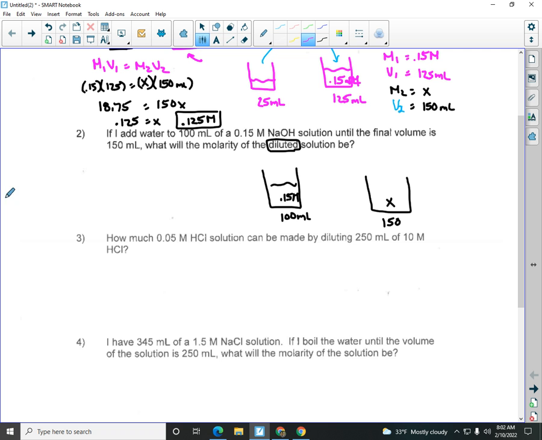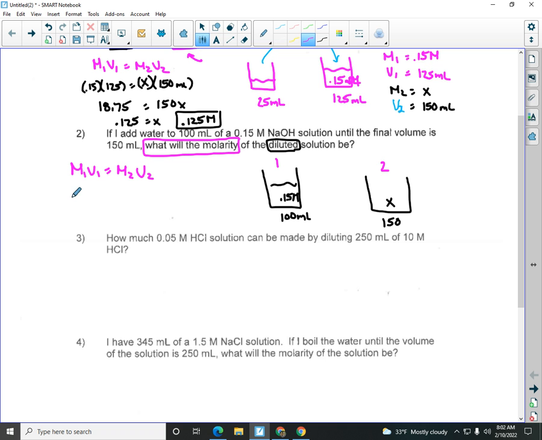So I know I'm looking for molarity, but because I use the word diluted, neutralized, or titrated, the formula is going to be M1 V1 equals M2 V2. Okay, we have all our numbers. This is the ones and this is the twos.